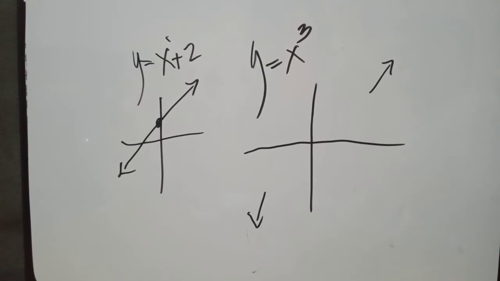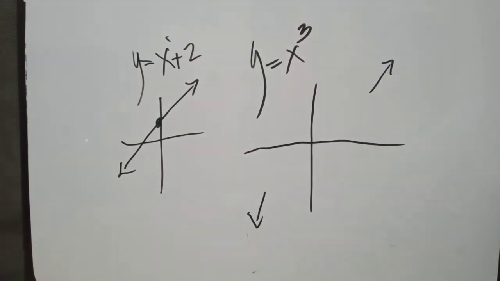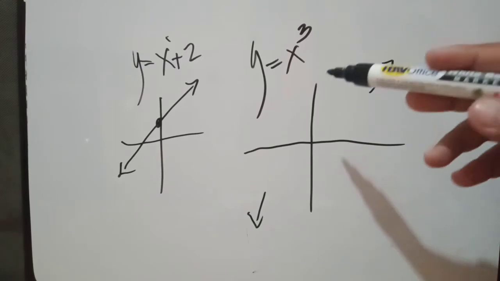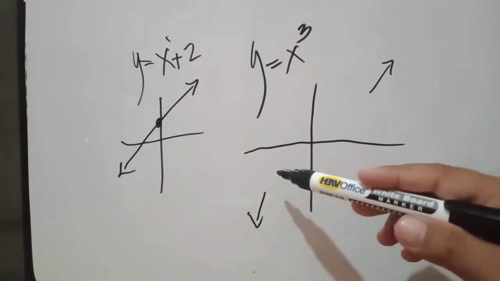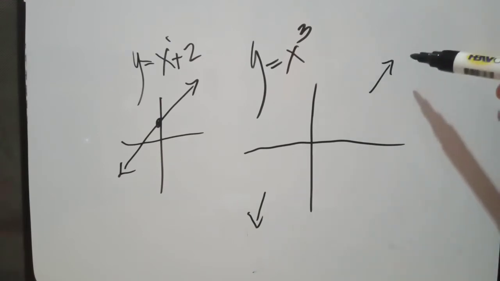This is important. If you encounter polynomials, check first the leading term. If you're going to plot it into the graph, check first the leading term. If the leading term is greater than 0, and the exponent is an odd number, therefore the first tail must be in quadrant 3, and the other tail must be in quadrant 1.